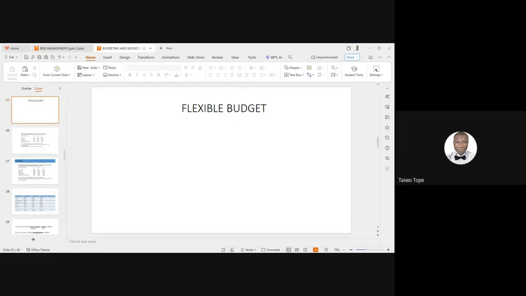So in trying to solve questions on flexible budget, the concept of high-low method is very important. This high-low method is otherwise referred to as what? The range method. Range. When you talk about range in statistics, you're talking about trying to identify the highest and the lowest among sets of a given data.